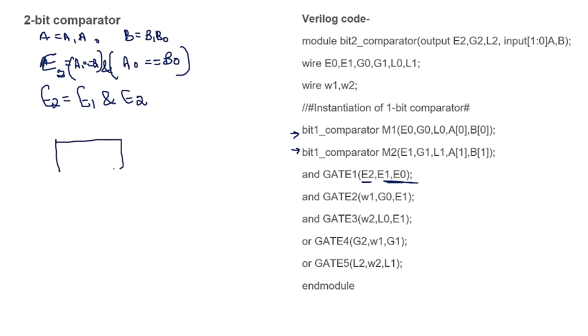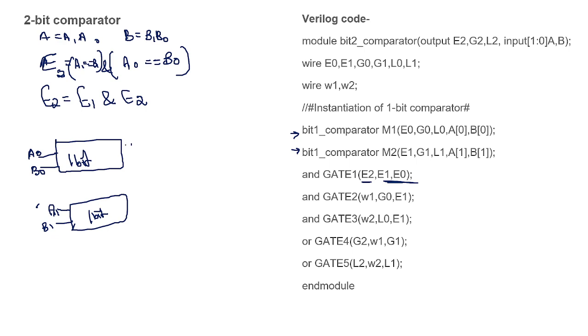So let me take two 1-bit comparators. So I can compare A1, B1, and then A0, B0.